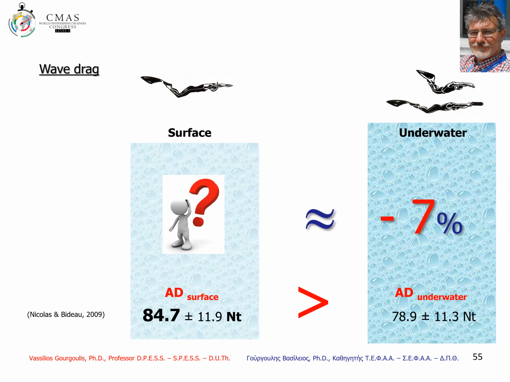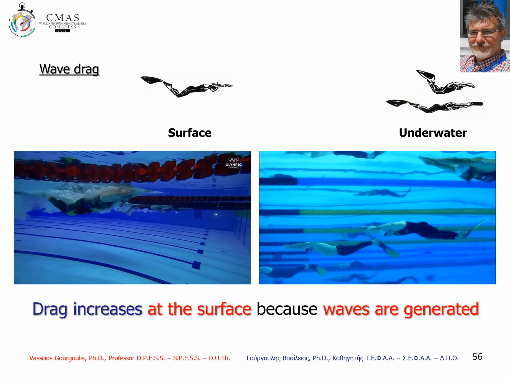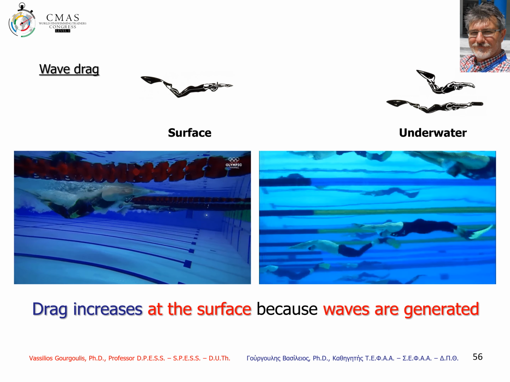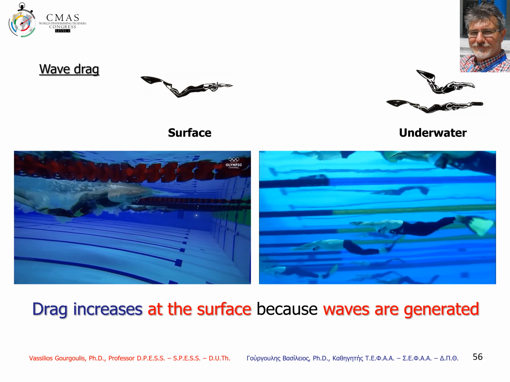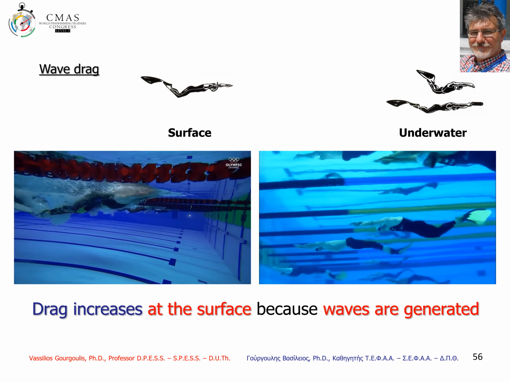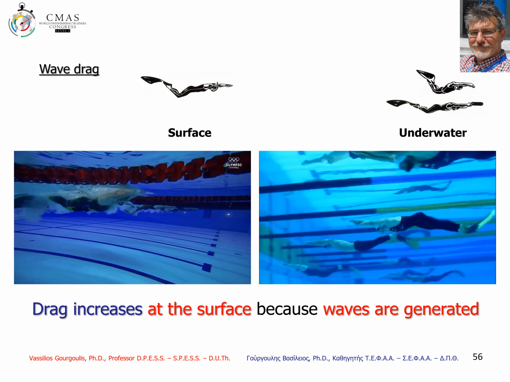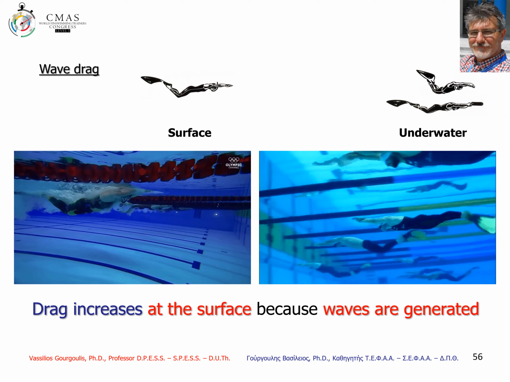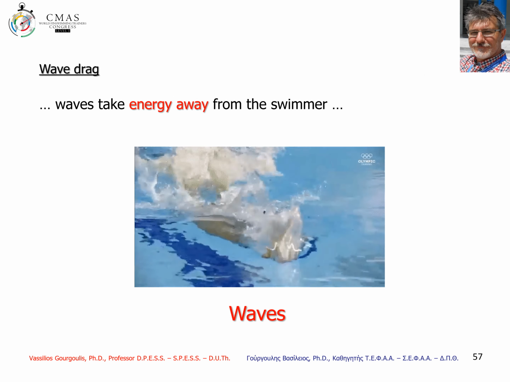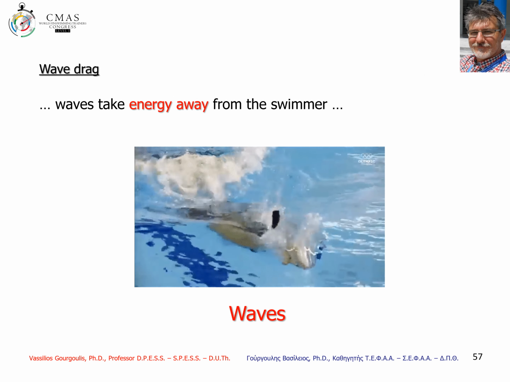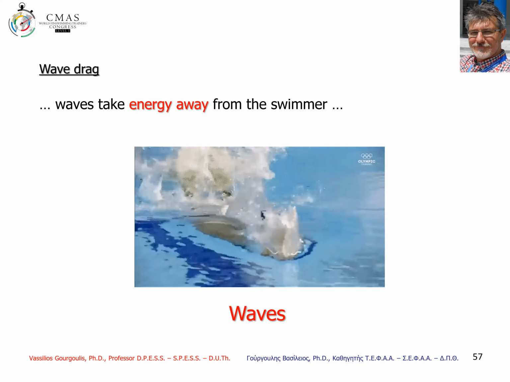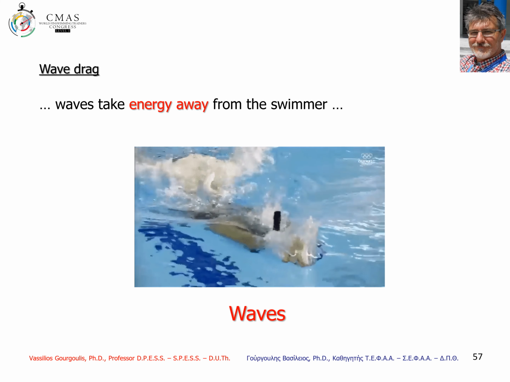The lower active drag during underwater fin swimming by 7% could be attributed to the lower wave drag component. As you can see, during surface monofin swimming there are many waves, in contrast to the underwater swimming. These waves take energy away from the swimmer and increase drag.